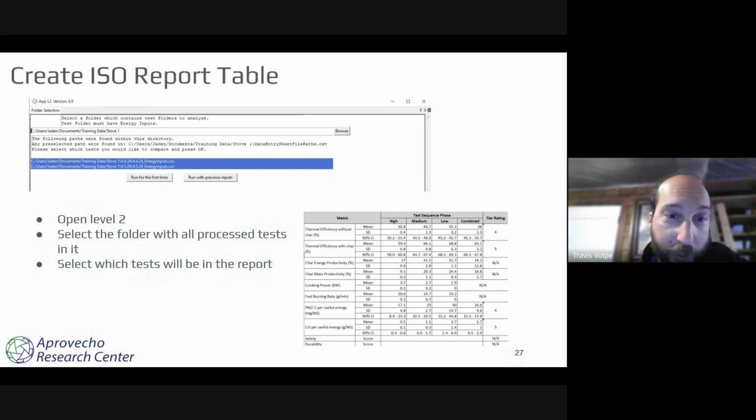We would open a level 2 in our data processing, select all the tests we would like to compare, and the application will roll that into a, again, very easy to read and easy to compare table that provides all the key elements.